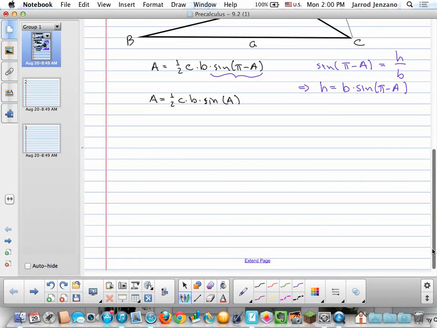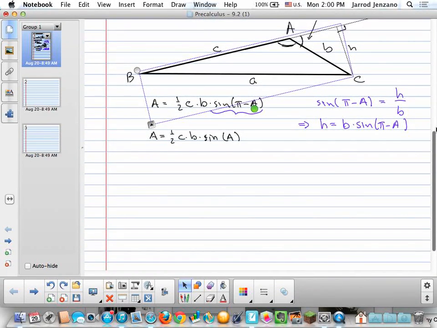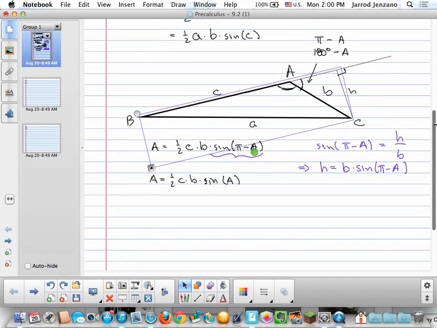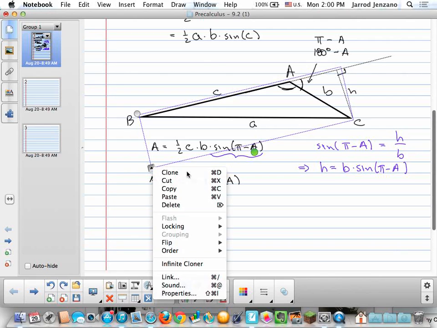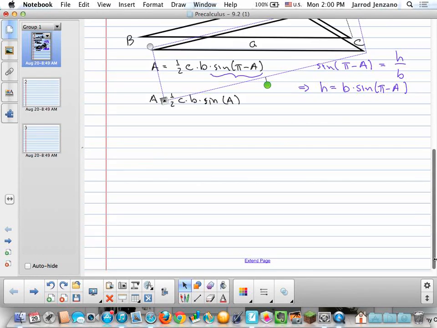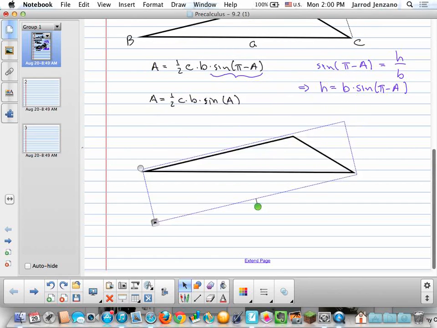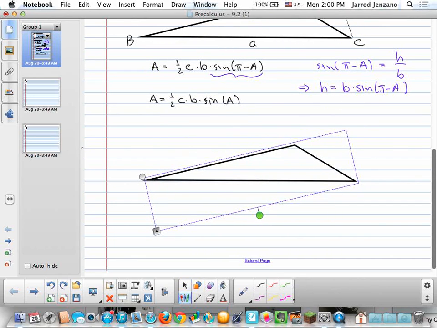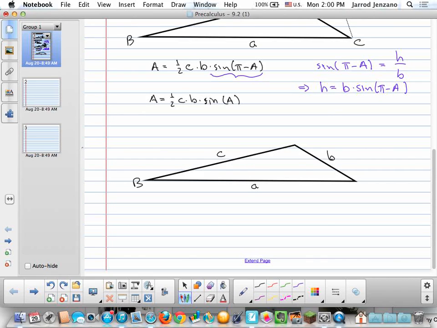We can likewise do the same thing with side B, with A, C, B, big B, big A, big C, only this perpendicular would be dropped here.